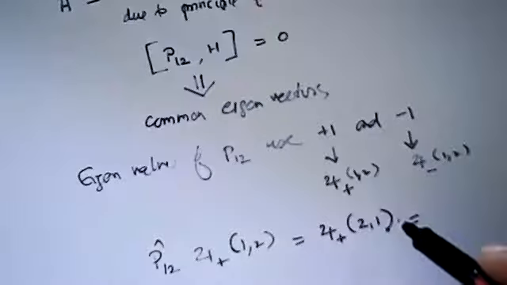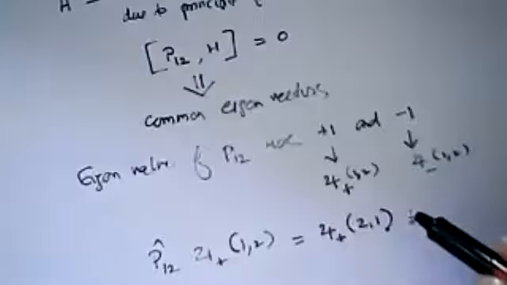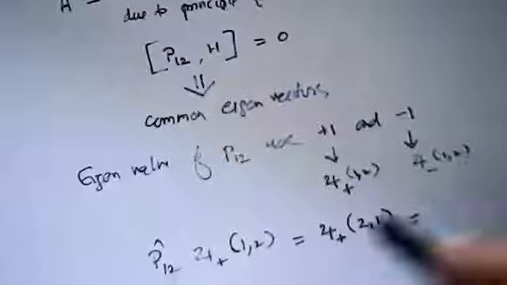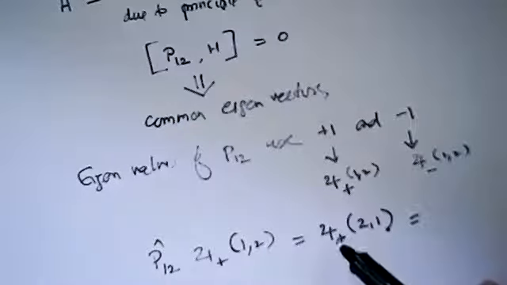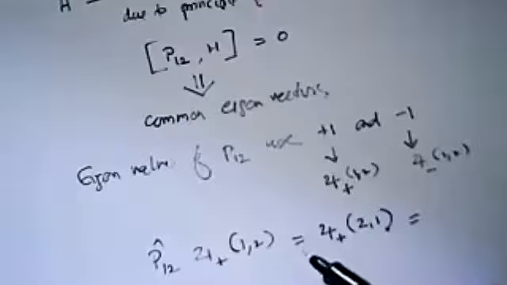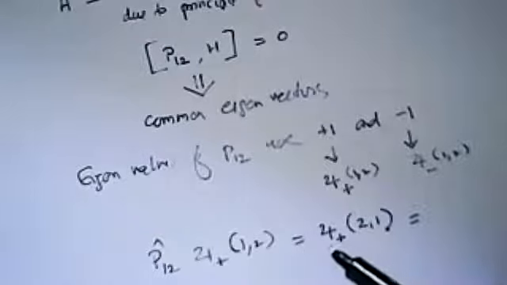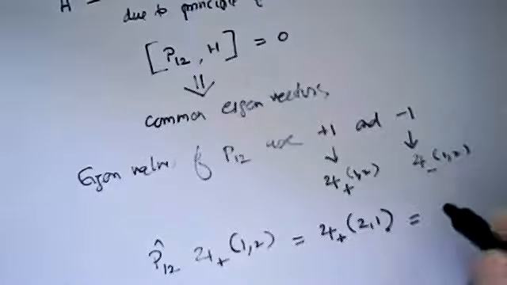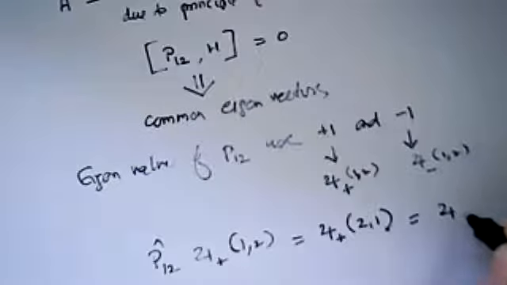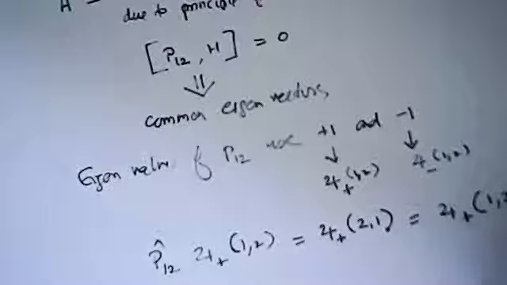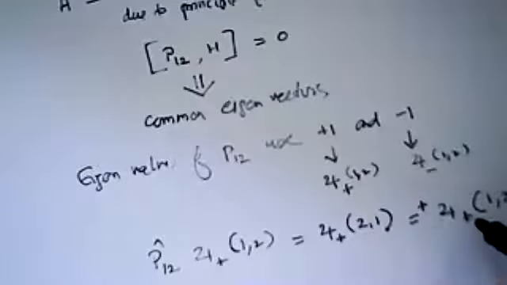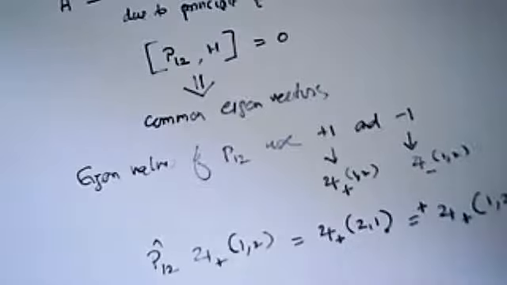If you take psi plus as psi s, the symmetric wave function, then you can write this as psi plus 1, 2 itself, or plus 1 into psi plus 1, 2.